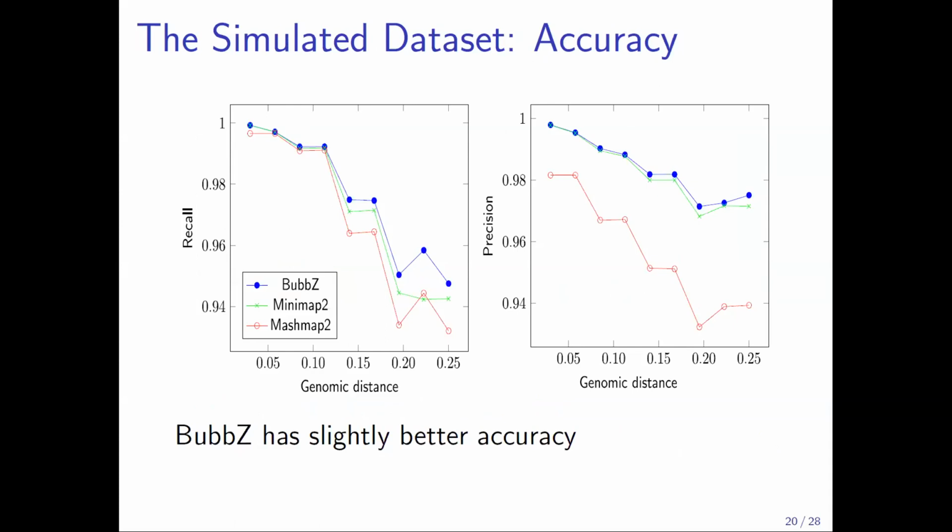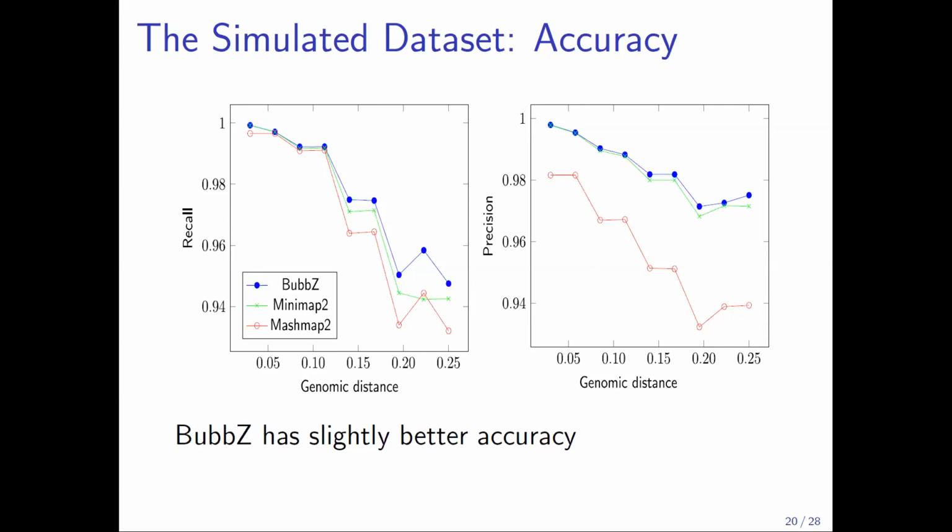So we use this experiment to evaluate how genomic divergence affects recall and precision. And unlike the previous experiments where we used the real data set, here, because we used the simulated data sets, we know the true alignment, so we can measure the recall and precision.